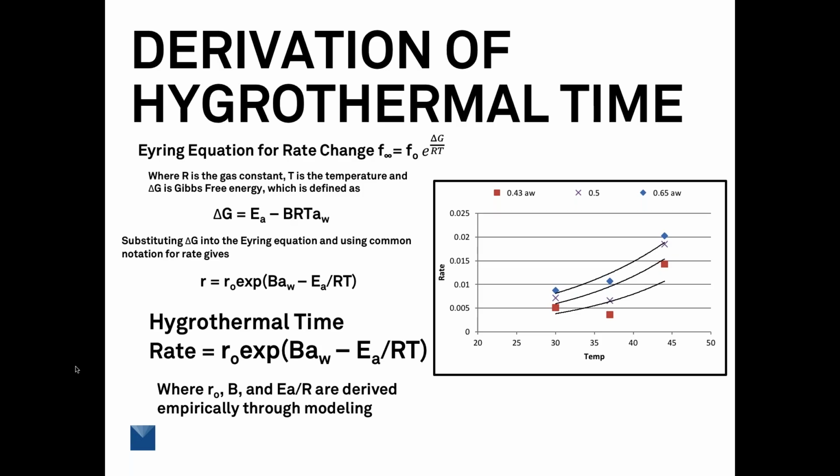And then if we substitute that form of the Gibbs free energy back into the original equation, and we substitute the more common R indicator for rate in place of the F, then what we get is a new form of the equation where the rate is now dependent upon the rate in the standard condition multiplied by the exponential of this constant B, related to molecular volume, multiplied by the water activity, minus the activation energy divided by the gas constant multiplied by temperature.